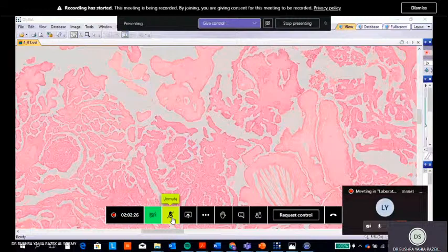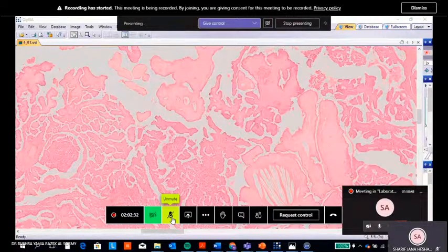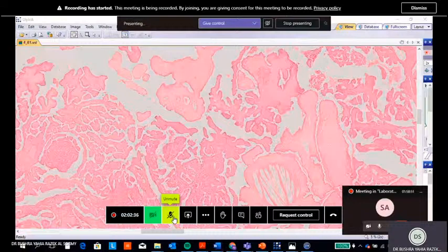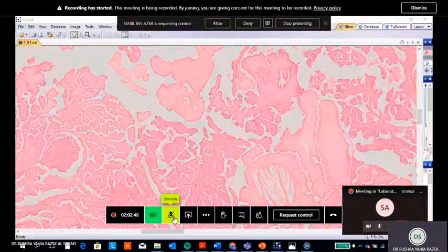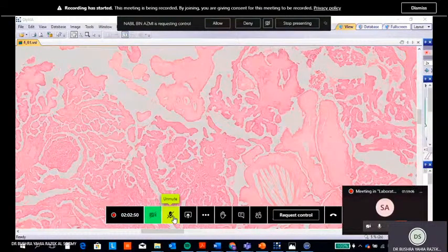Doctor, for this one, the case is non-toxic multinodular goiter, right? Yes, non-toxic. Because sometimes we said nodular goiter can get a hyperplastic nodule, so it can cause an increase in thyroid hormone.